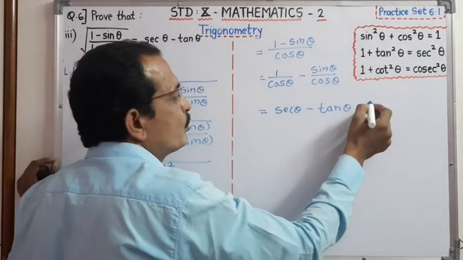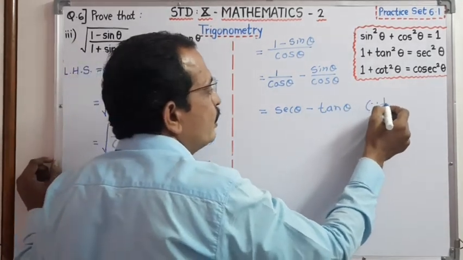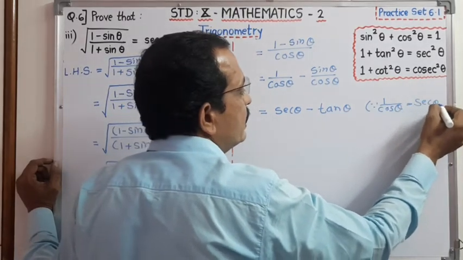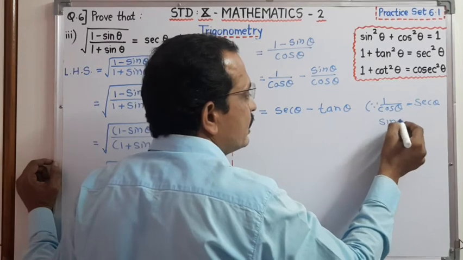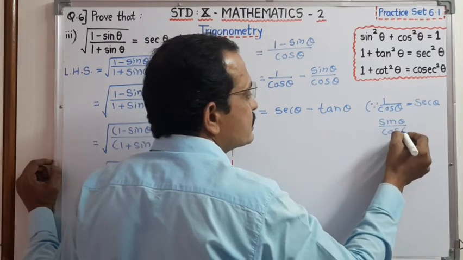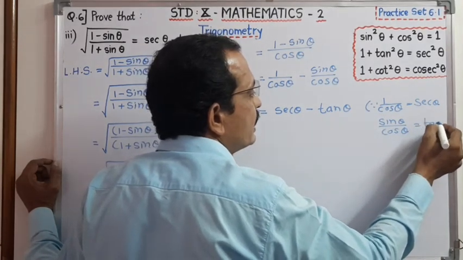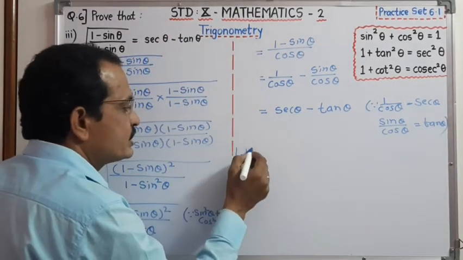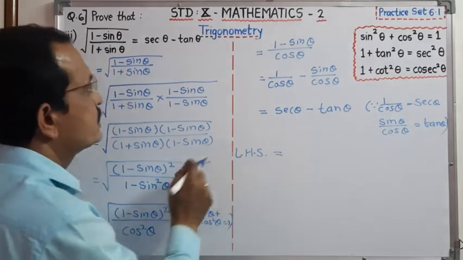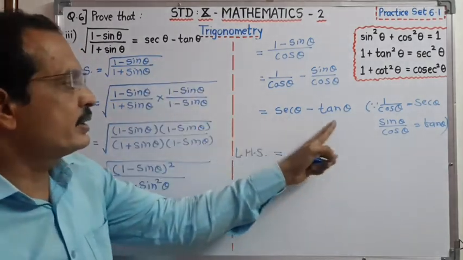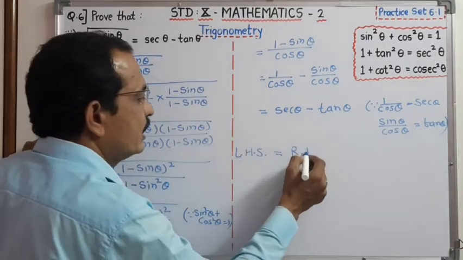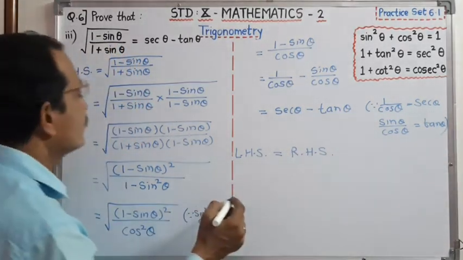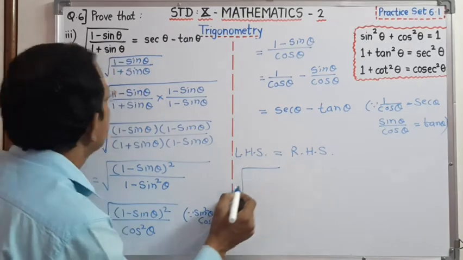We know the formula, therefore we have to write here 1 upon cos theta is equal to sec theta and sin theta upon cos theta is equal to tan theta. Therefore, dear student, we got here LHS is equal to sec theta minus tan theta. Therefore, it is RHS. We got left hand side equal to right hand side. Therefore, we write here, this is important one.